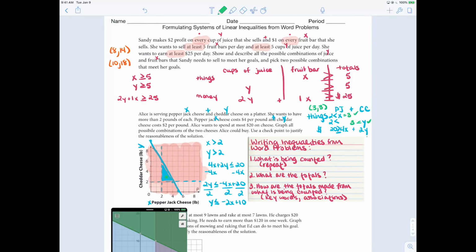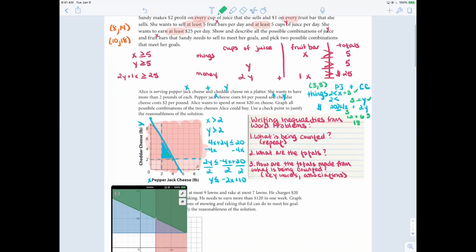And then we get 3 times 4, which is 12, and 3 times 2, which is 6. 12 plus 6 is 18, which is definitely less than 20, so that checkpoint verifies the reasonableness of the solution.